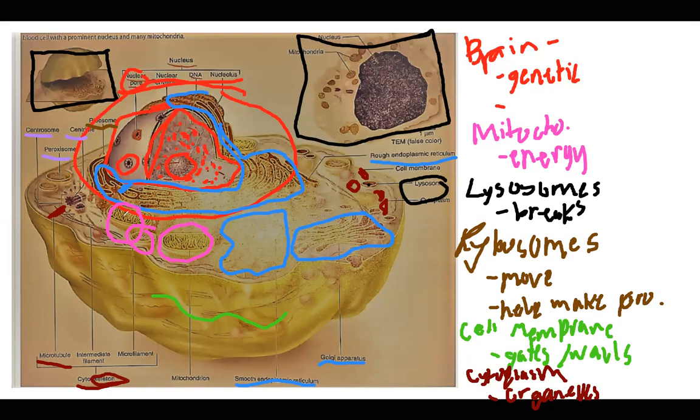Otherwise, without this, the whole cell would be one crushed thingy. So without the microtubules, the intermediate filament and the microfilament, these parts of the cell help the cell stay in place and have a structure. So that's what the cytoskeleton is.